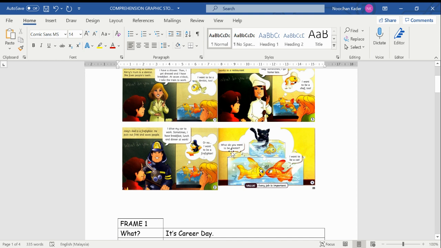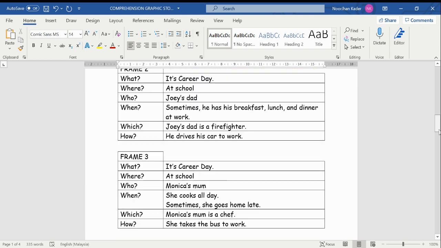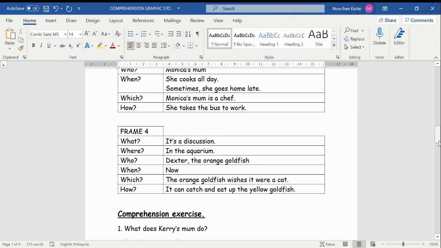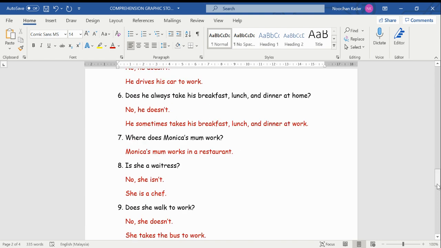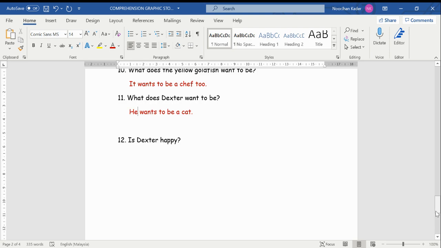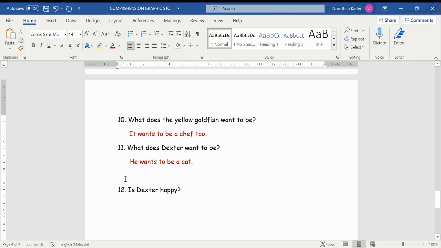So Dexter is a masculine fish, that means a male fish. So that is why you can actually write he. But I actually prefer to write it, because in the table I've also answered it. You can see here.